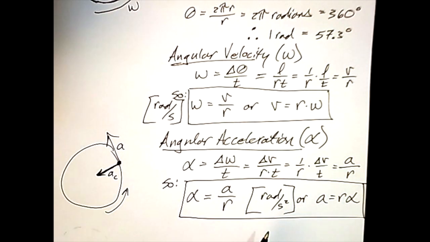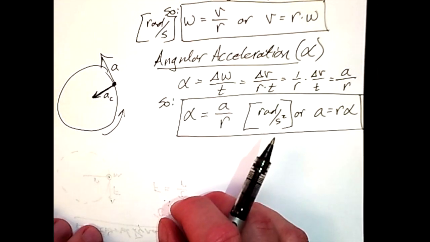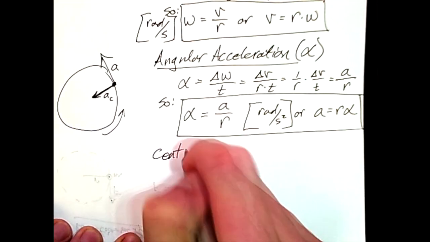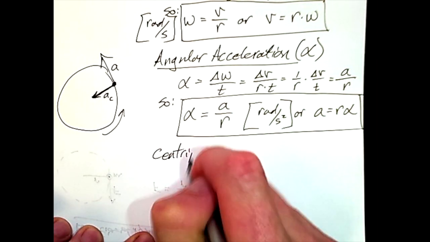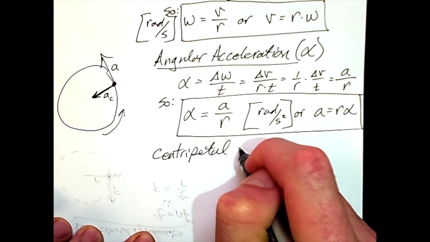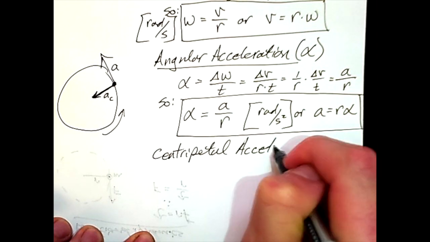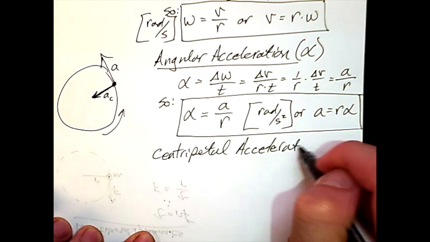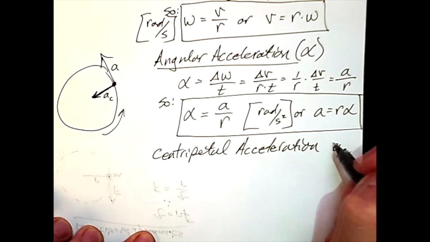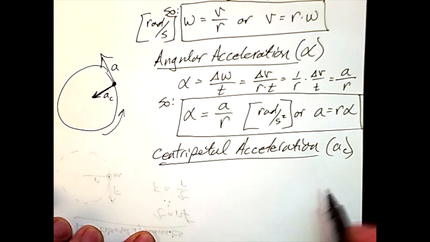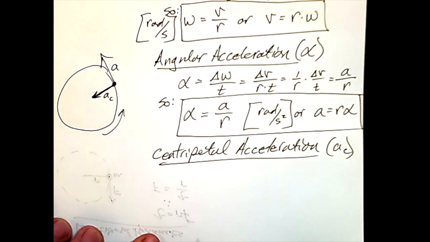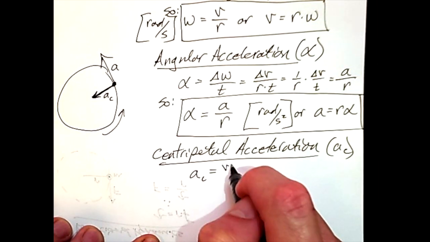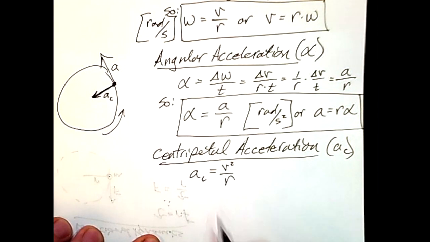If I track through the variables that we've just solved, then I can also describe centripetal acceleration in terms of angular kinematics, which is our friend from uniform circular motion, A sub c. Right? Centripetal acceleration is acting towards the center. We've already seen that centripetal acceleration is our linear velocity squared divided by the radius.